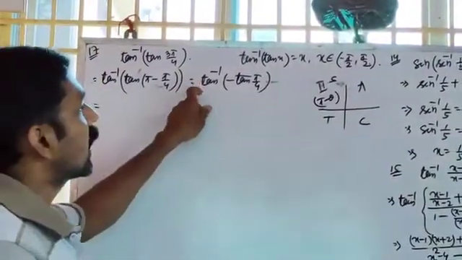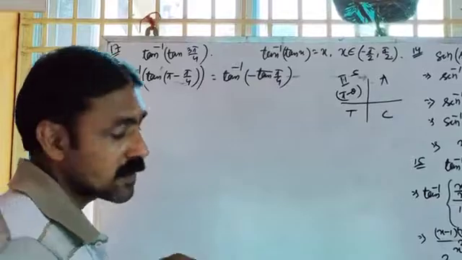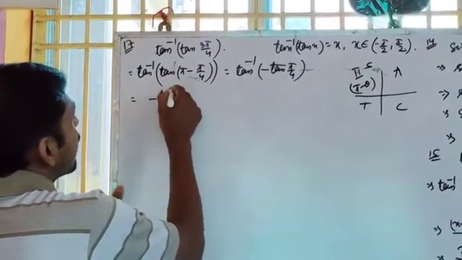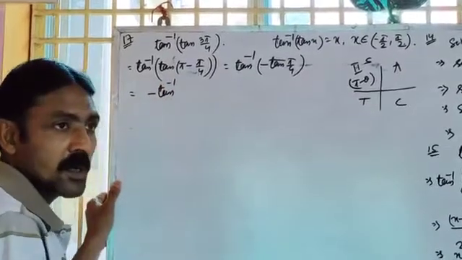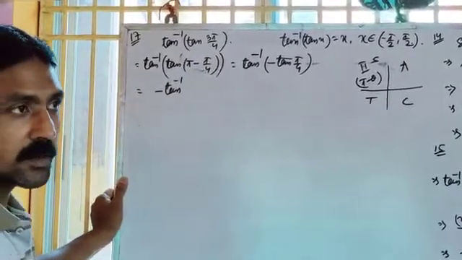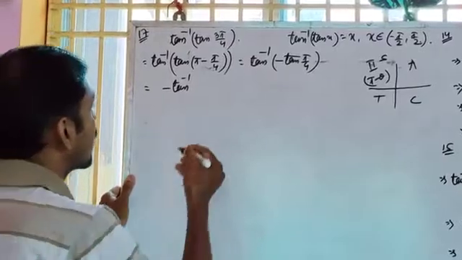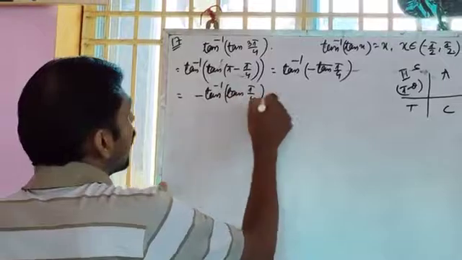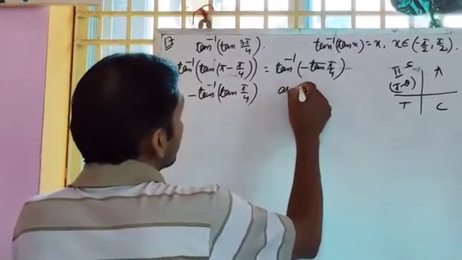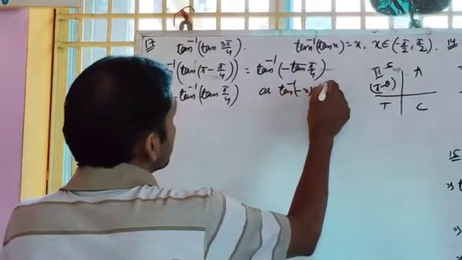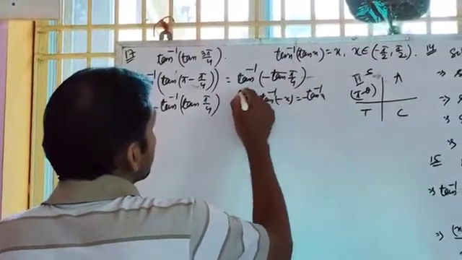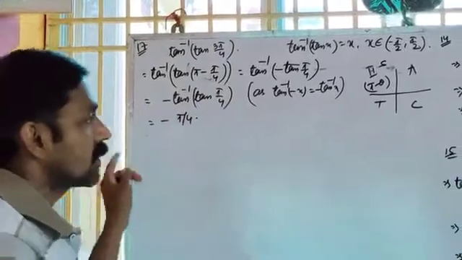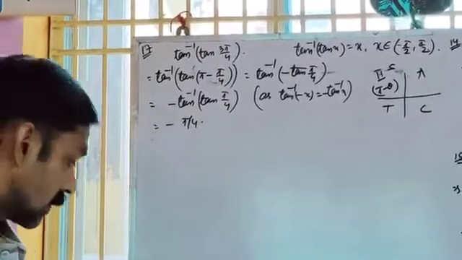Now again it is in the form of tan inverse of minus x, and tan inverse of minus x is minus tan inverse x. So it is minus tan inverse tan pi by 4, so it is minus pi by 4. So this is the value of this.